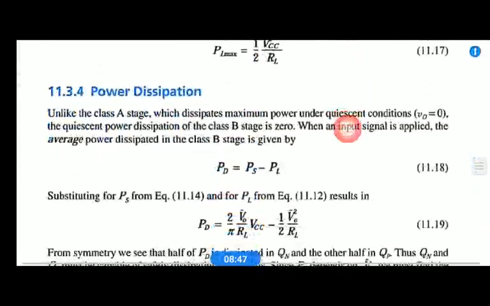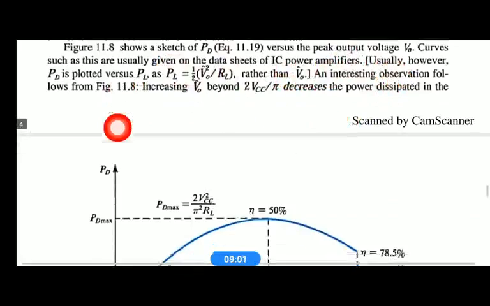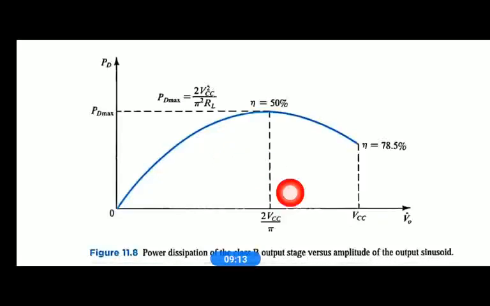right. Okay, we'll see this in figure 11.8, which shows the power dissipation versus peak output voltage curve. See here, the 11.5 curve shows the graph between output voltage and power dissipation. It is clearly shown that when V0 is equal to 2 VCC by pi, then the power dissipation is maximum here and efficiency is 50%.